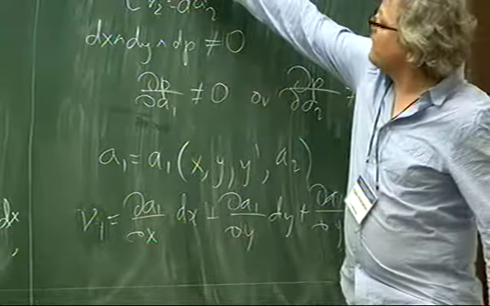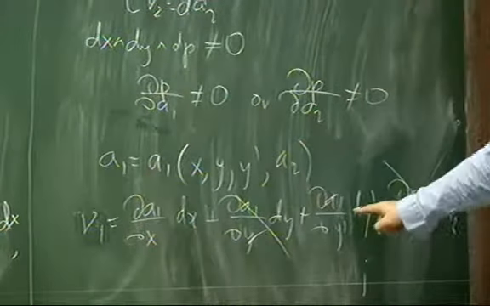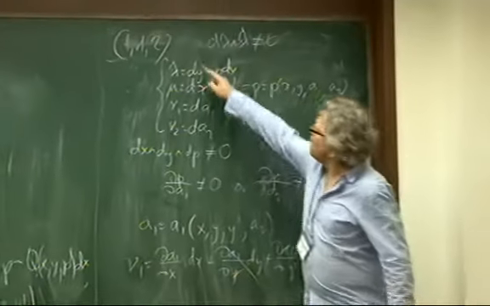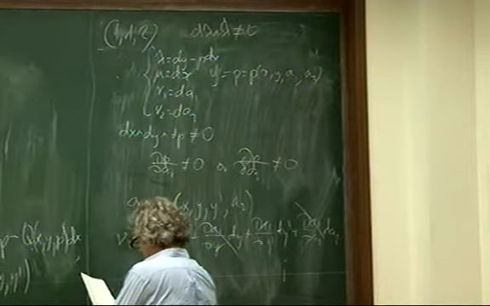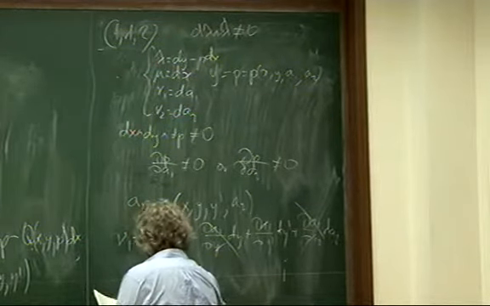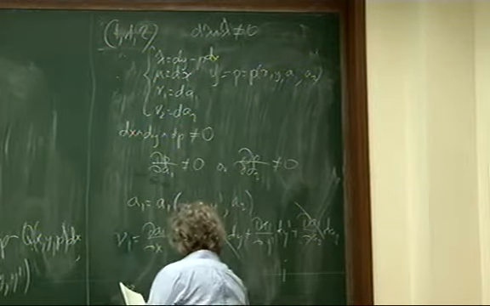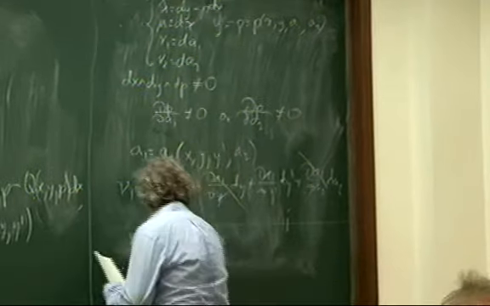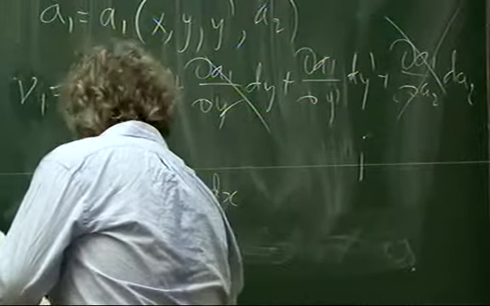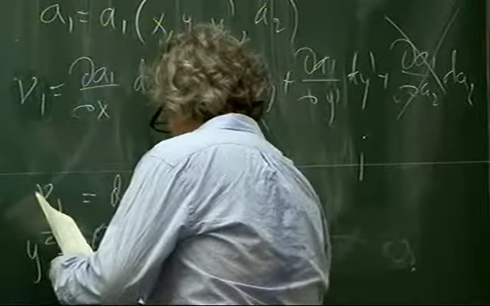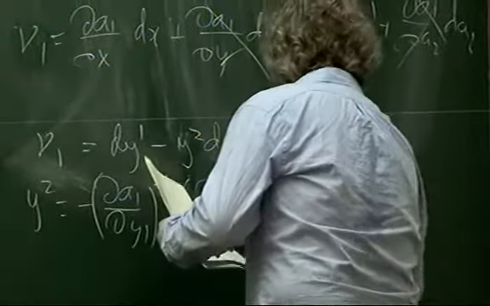I can just use my λ to get rid of this term, replacing this with some other function, and then this thing cannot be 0 because λ, μ, μ1 are not 0, so therefore at the end of the day I can write μ1 as dy1 minus some new function q, or better y2 dx, where y2 is now minus (∂A1/∂y1) to the minus 1 times (∂A1/∂x plus y1 ∂A1/∂y).